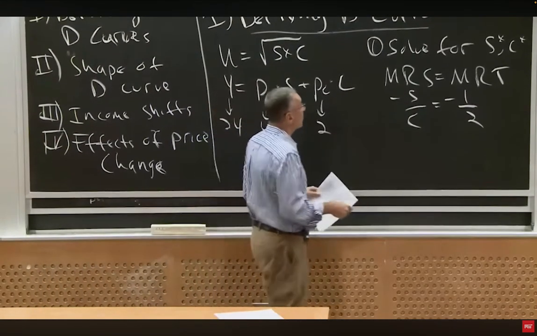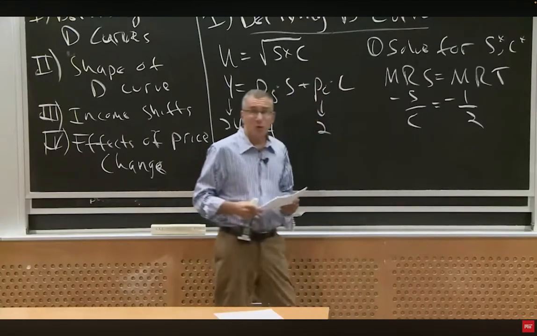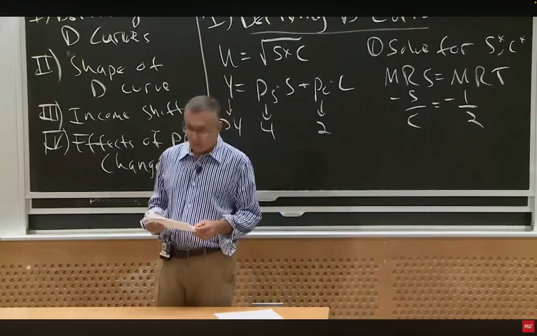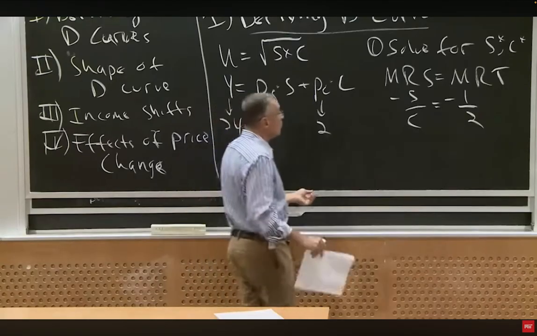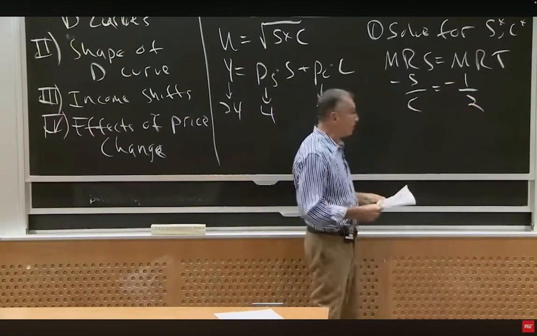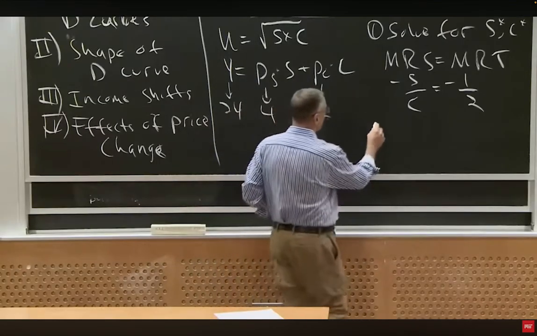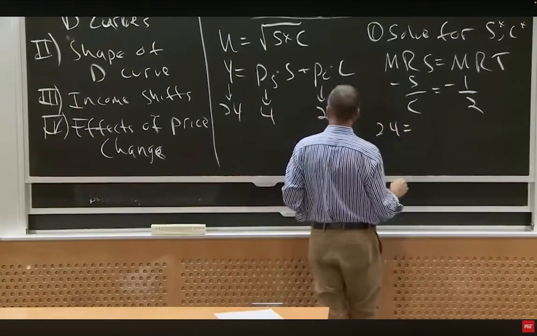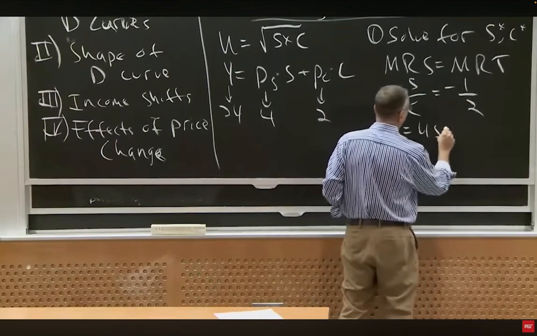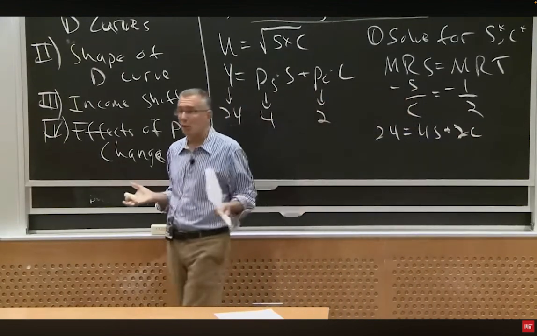But we go to the next step now, which is to say, well, what does that imply for optimal slices and cookies? Well, we just plug that into the budget constraint. We have this equation, which is one equation in 2 unknowns. We also have this equation, which is that 24 equals 4S plus 2C. So now we have 2 equations and 2 unknowns.